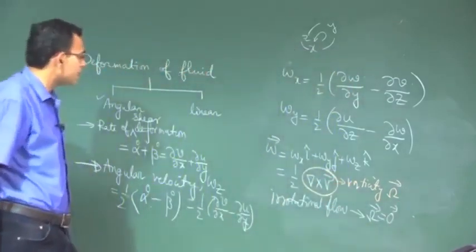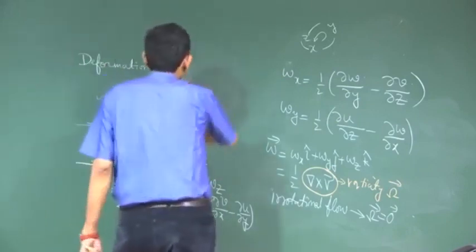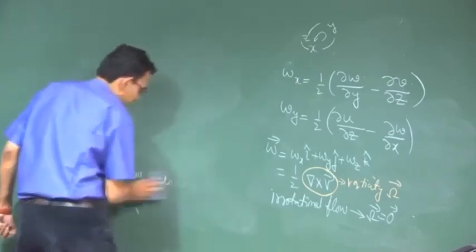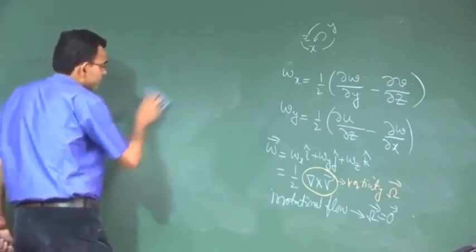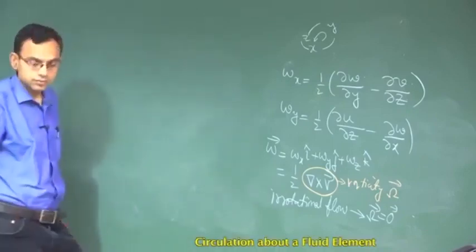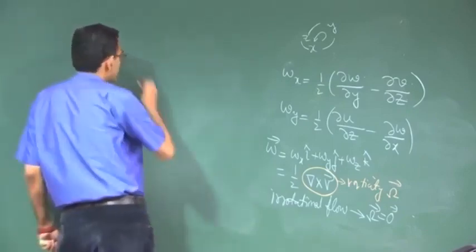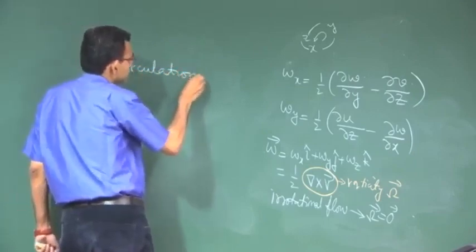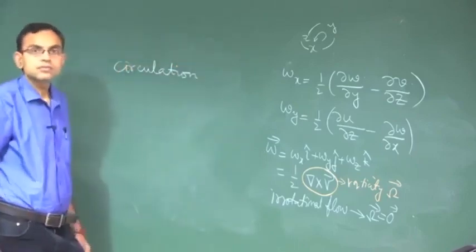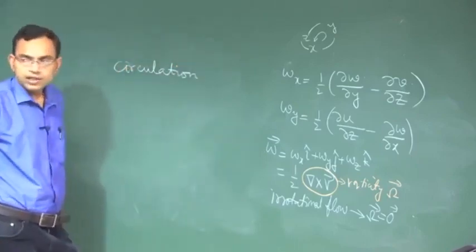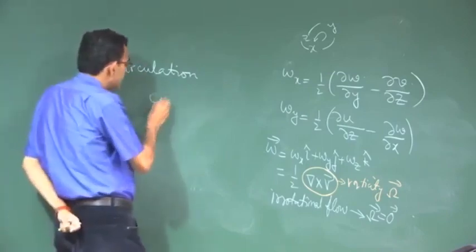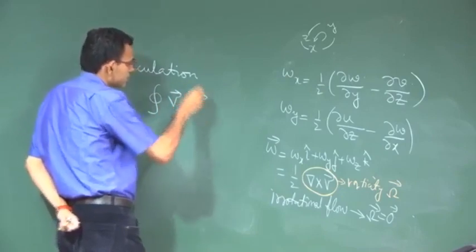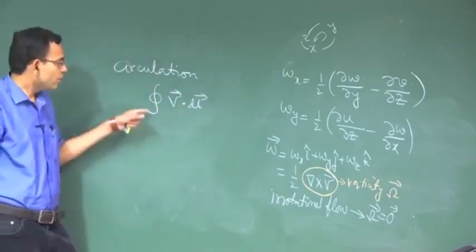Now, when we have defined the term vorticity, we will also define a closely related term called circulation. Circulation is defined as this contour integral over a closed contour.